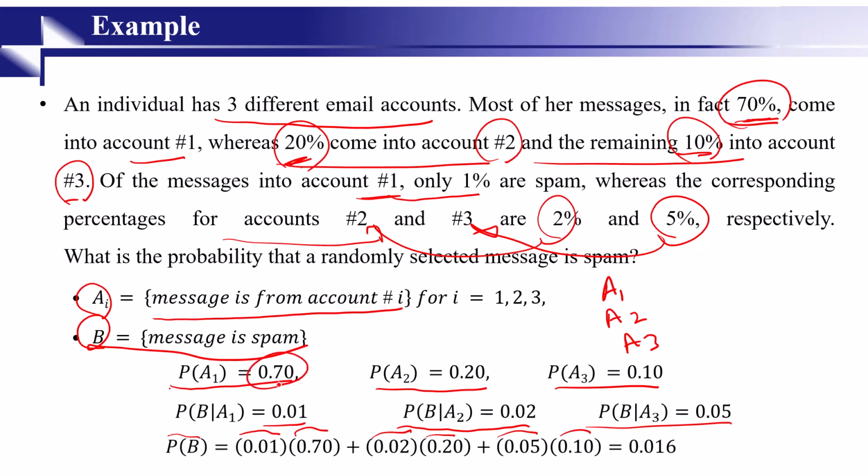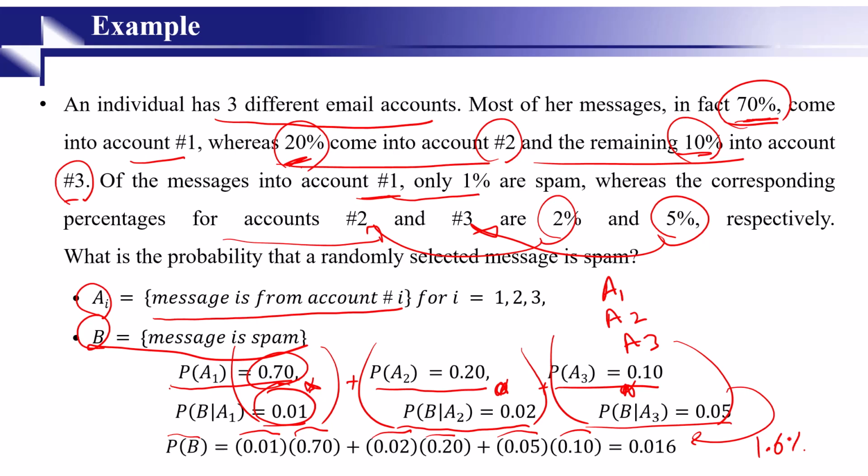So this one multiplied by this one plus this one multiplied by this one plus this one multiplied by this one, and all become 1.6%. Not too spammy, thankfully.